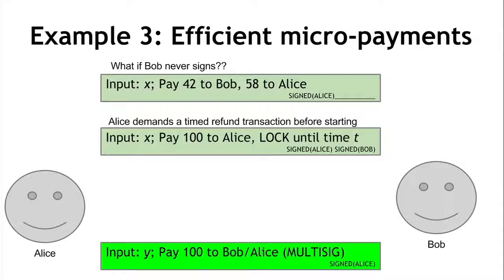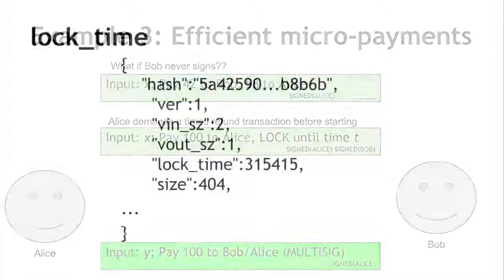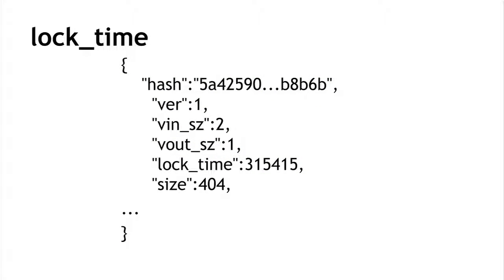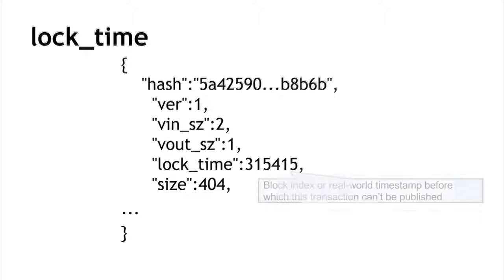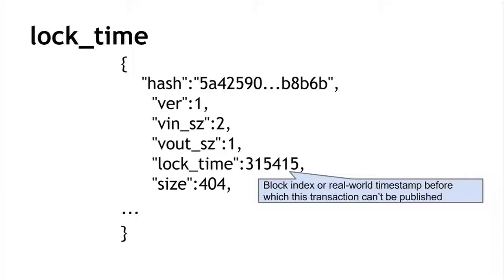So what does it mean when I said it's locked until time t? How do we do that? Well, you'll remember when we looked at the metadata in Bitcoin transactions that there was this lock time parameter, which I had left unexplained. It's quite simple, actually. If you specify any value other than 0 for the lock time, that tells miners, don't publish this transaction until this point in time.